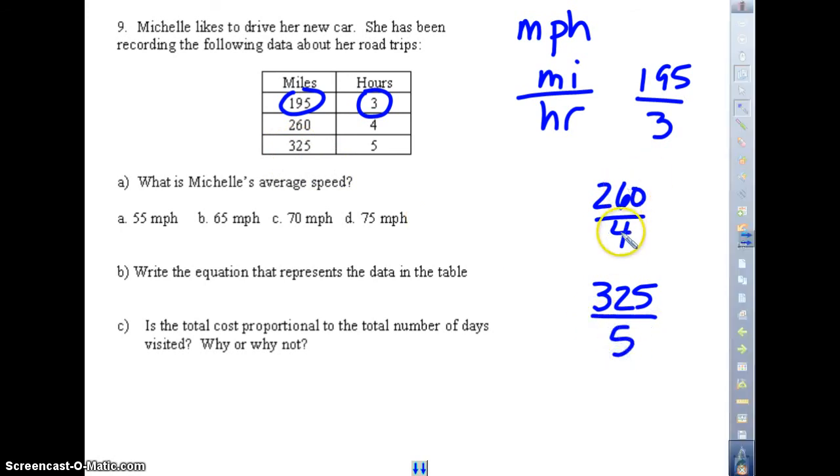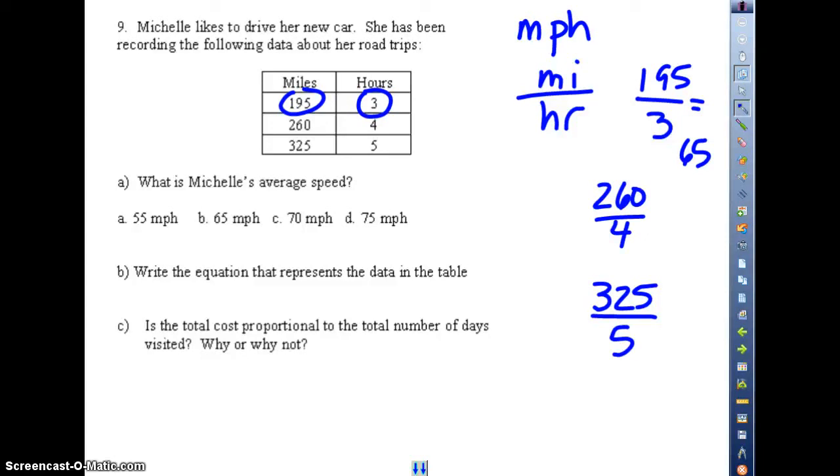This is miles per hour, miles per hour, miles per hour. Divide those out and let's see what you get. This one here, I got 65 miles per hour. You do it and tell me if they're all the same.